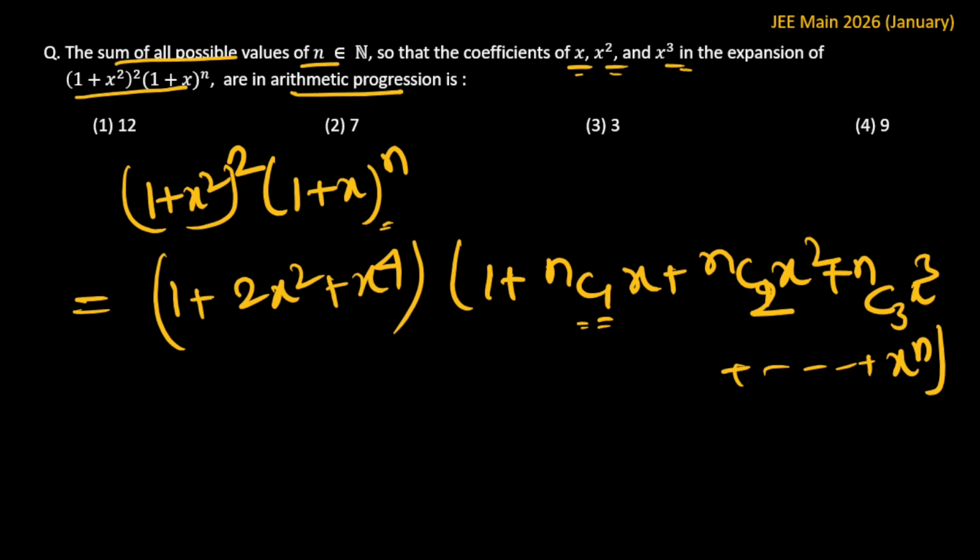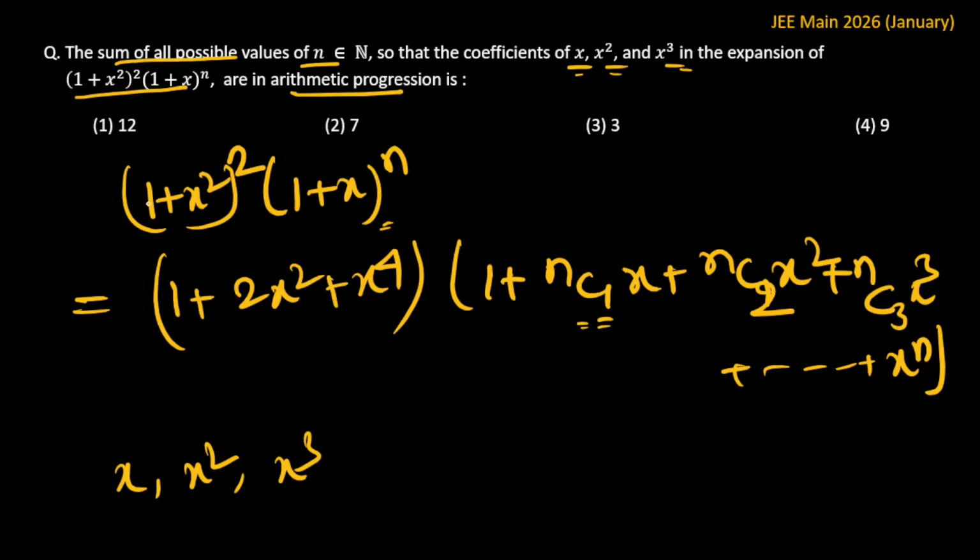So we find the coefficient of x, then x², then x³, one by one. The coefficient of x of the whole expression is nC1, that is actually n. Next, the coefficient of x².